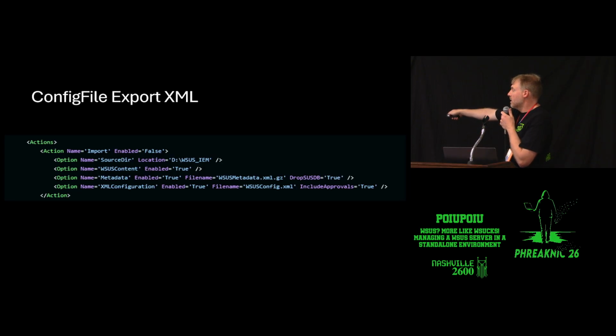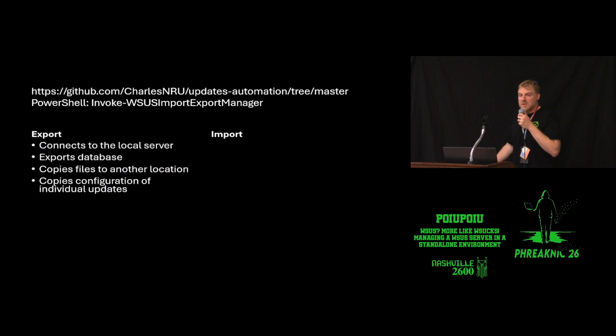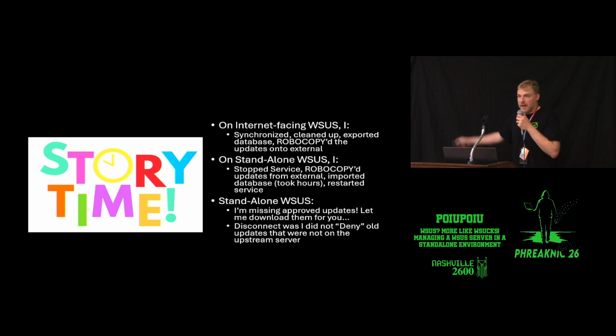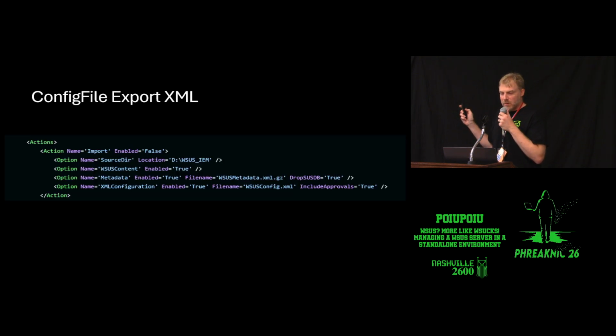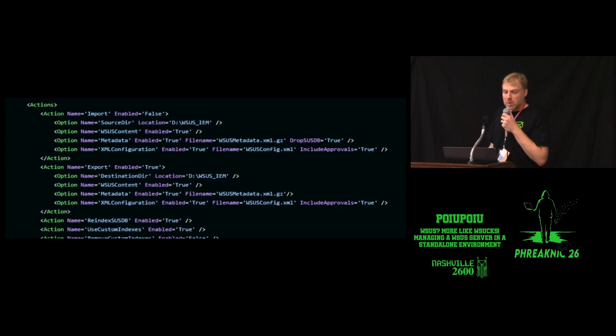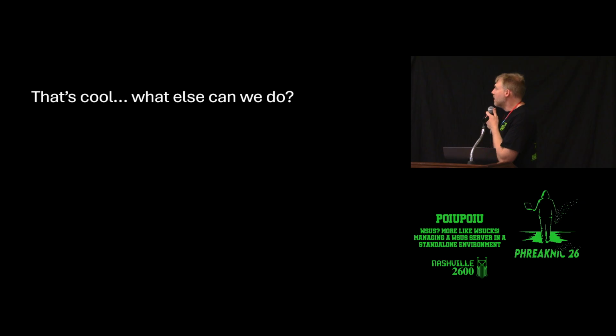This file here contains all of the individual updates that are marked approved. This is what's going to keep your system from doing that. Likewise, on the import XML, it's very similar. It's just marked as enabled equals true versus enabled equals false. This isn't bad. This is pretty easy. So that's pretty cool.